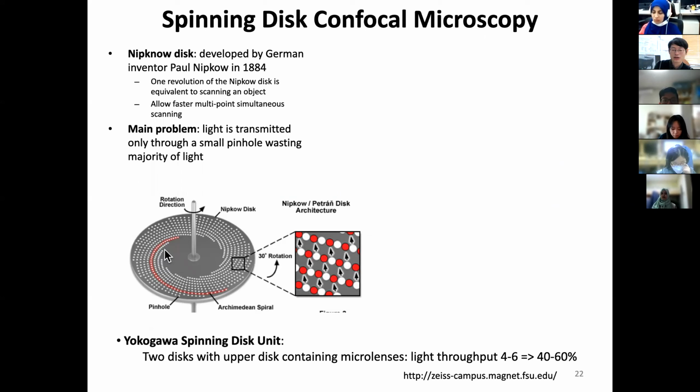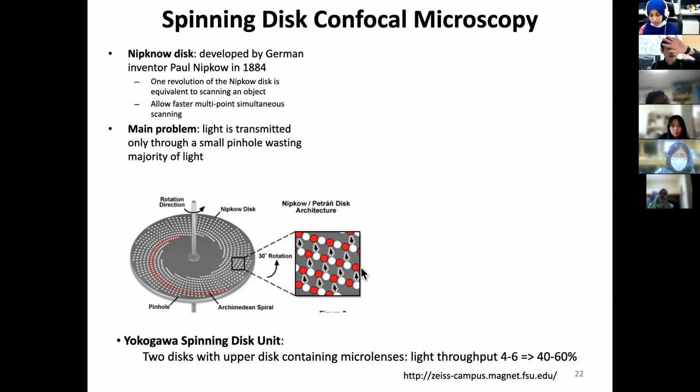That's the concept. So instead of one point, there are multiple points simultaneously. Let's say the white dots are actually confocal points. And then when you rotate the disk, the next time you will have all this red one, which is the missing part of your image.